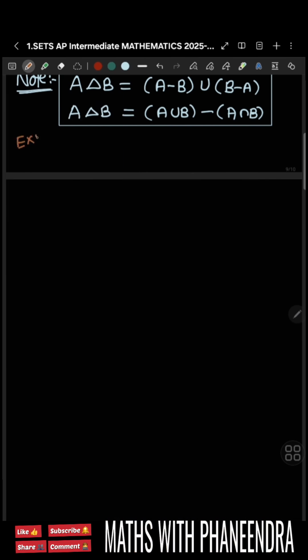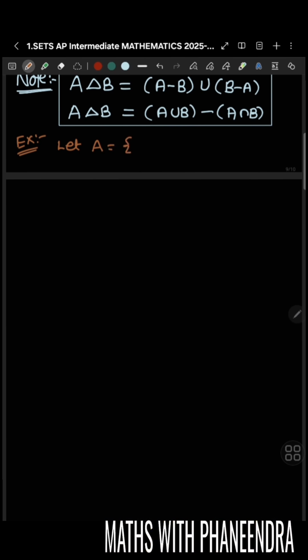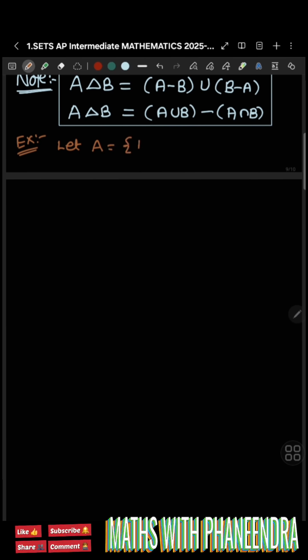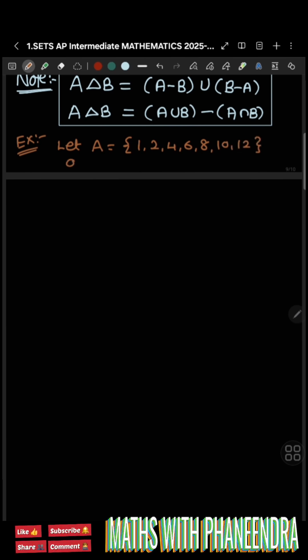Example based on the concept of symmetric difference. Let A equal to 1, 2, 4, 6, 8, 10 and 12, and B equal to 3, 6, 12.